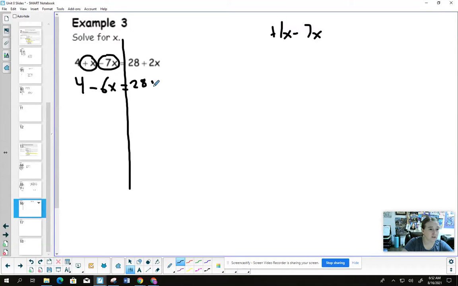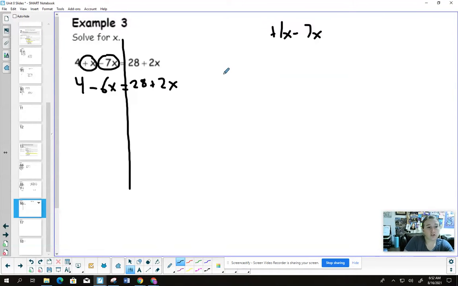Now, I got 28 plus 2x. Now again, once we have combined our like terms and simplified both sides if we need to, this becomes something we're used to. So again, try from here. Get your x's to one side. It doesn't matter which way you go as long as you do the correct thing you need to. And then we'll check and see if you got it right. Go ahead and give this a shot.